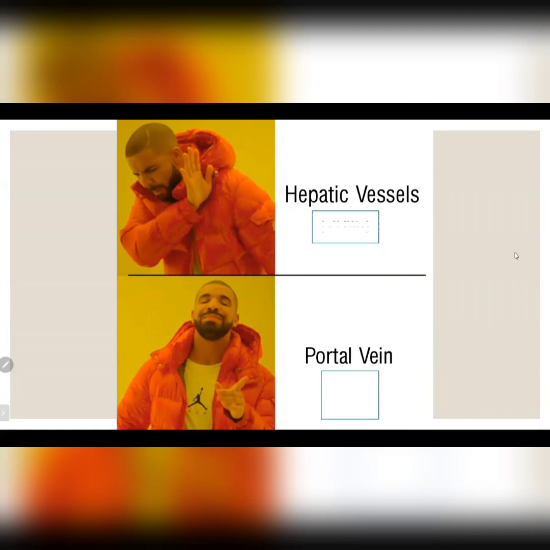So keep this in mind. Hepatic vessels give only 20% of the nutrition to the liver, whereas the portal vein, which the liver prefers, metaphorically, contributes to 80% of the blood circulation within the liver.